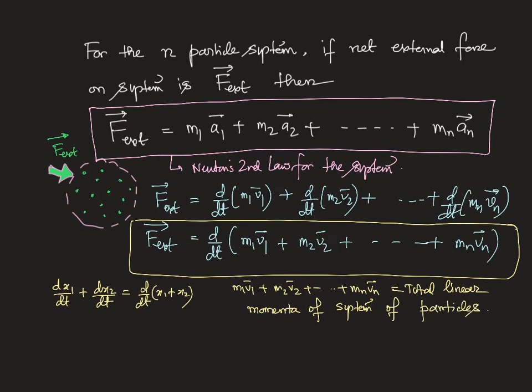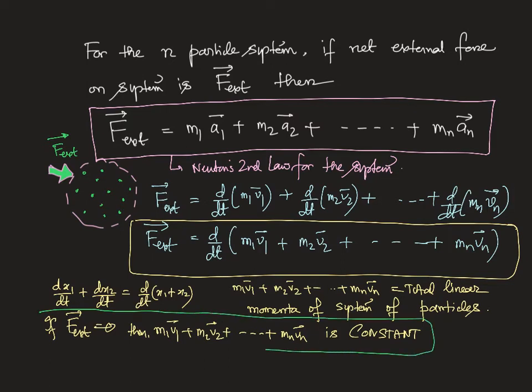Now if F ext is equal to 0, then the derivative of a certain thing is 0, which means this part is constant. If F ext equals 0, then m1v1 plus m2v2 plus up to mnvn is constant. So we have actually proved the conservation of linear momentum.